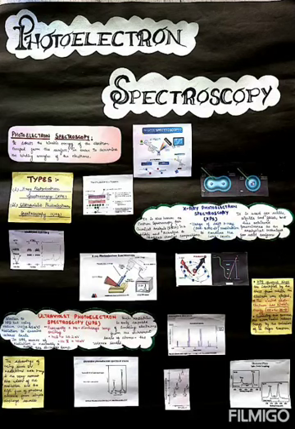The kinetic energy of the ejected electron is measured, and the energy required to remove the electron from the atom is calculated from the difference between the energy of the electron h mu and the kinetic energy of the photoelectron. The photoelectron spectroscopy generates the photoelectron spectrum of atoms or molecules. The spectra of calcium and potassium is displayed on the poster.